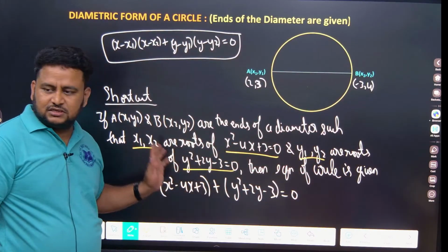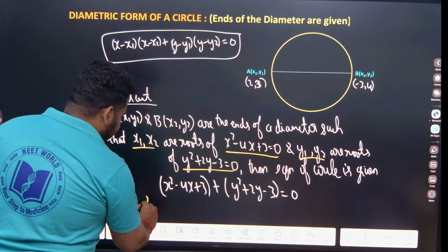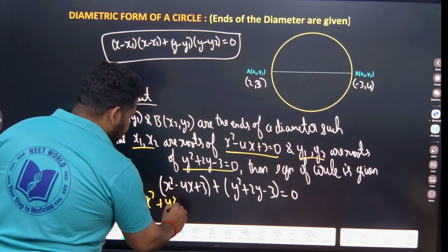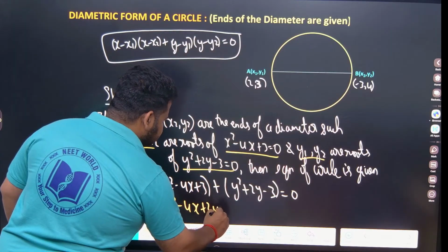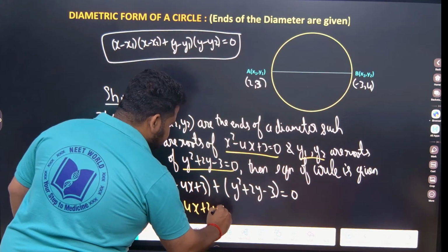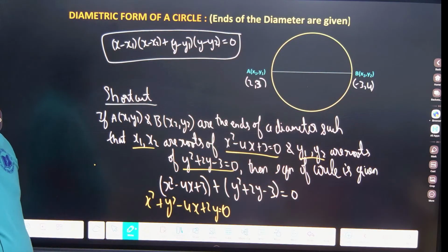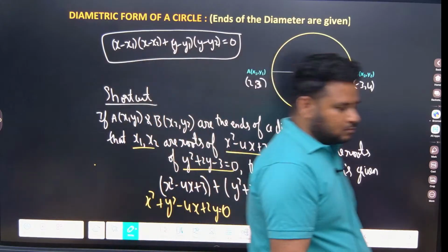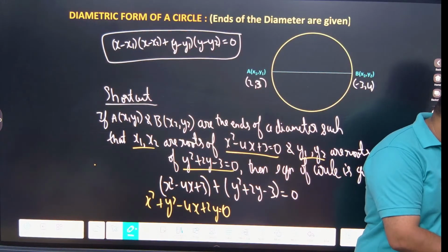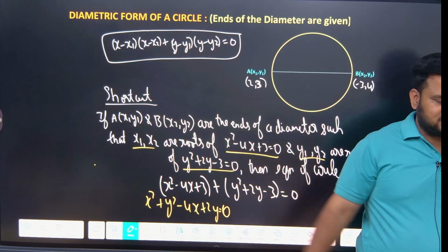Then you simplify and you will get the answer: x square plus y square minus 4x plus 2y plus 3 minus 3, that is 0, equal to 0. That is the required equation of the circle. No need to find the roots and waste your time. This is the shortcut, please write down. Understood everyone, no need to find the roots, directly you can add the equations.